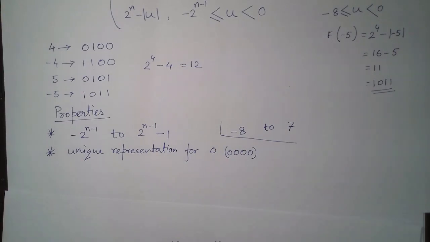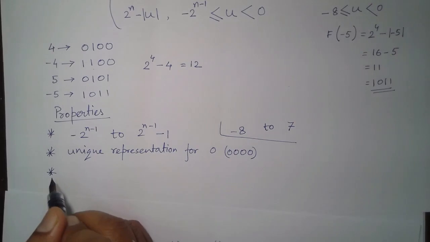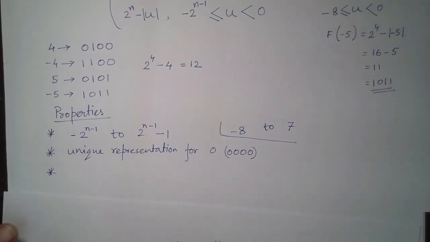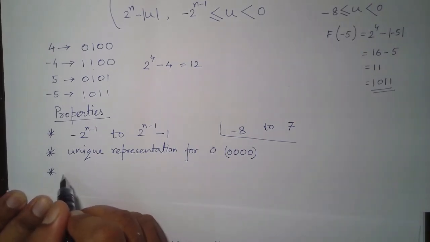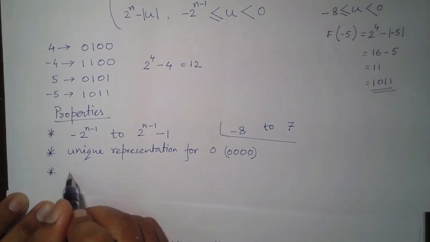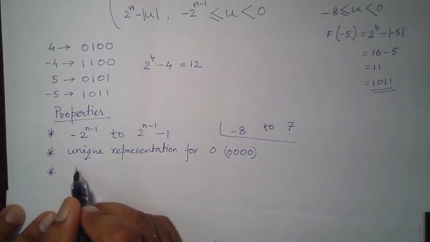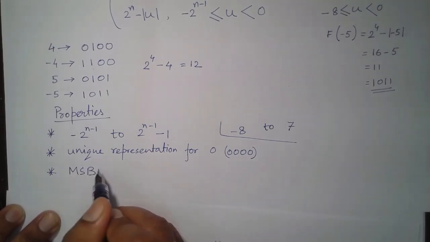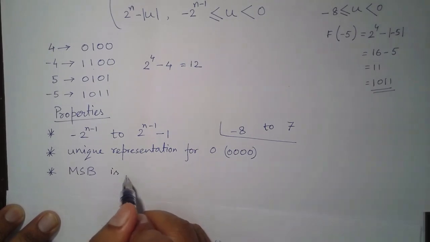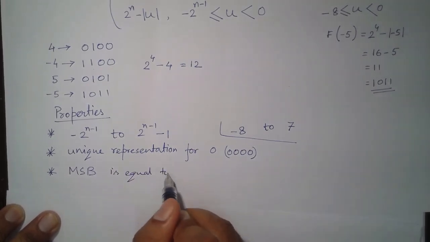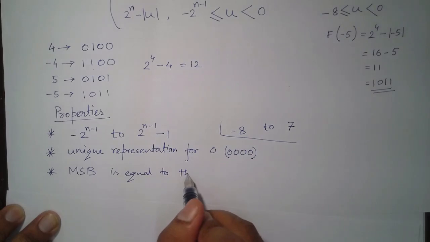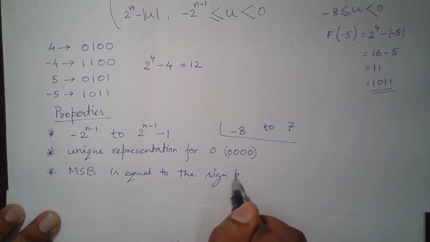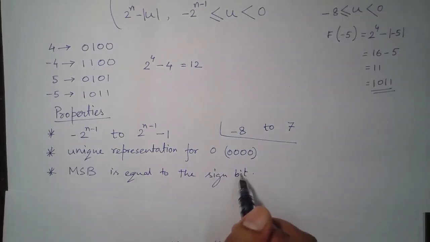Now there is another important thing which we should highlight here, which is that the MSB, or most significant bit, of this 2's complement notation is equal to the sign bit. So we have collected many different ideas.